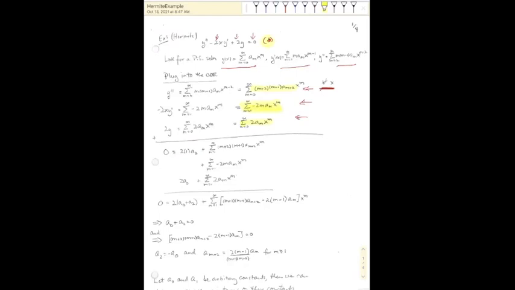When I add them all up and I sum to 0 here, I notice that here I'm starting at m equals 0. Here I'm starting at m equals 1. Here at m equals 0.